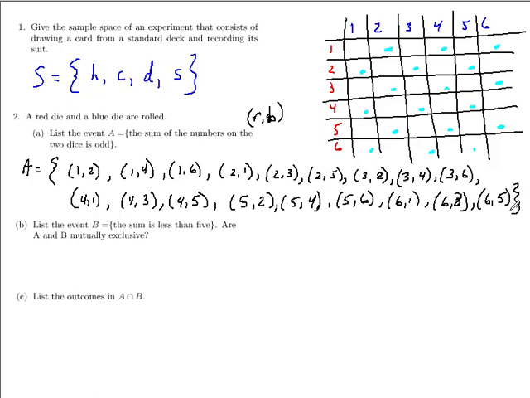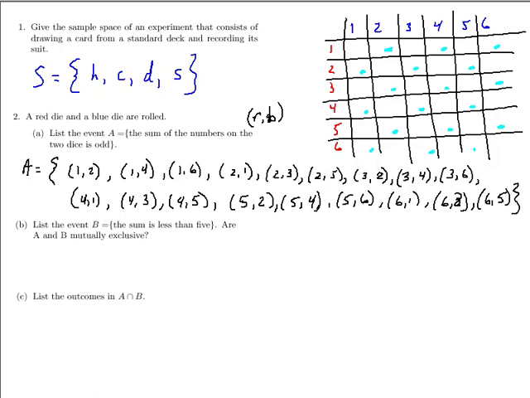So there's our set A. I've listed every one of those dots in my chart here. Now, notice the 4-1 and the 1-4 are different outcomes because of which die came out 4 and which die came out 1.